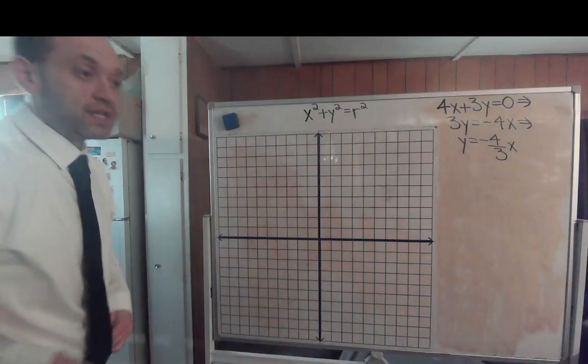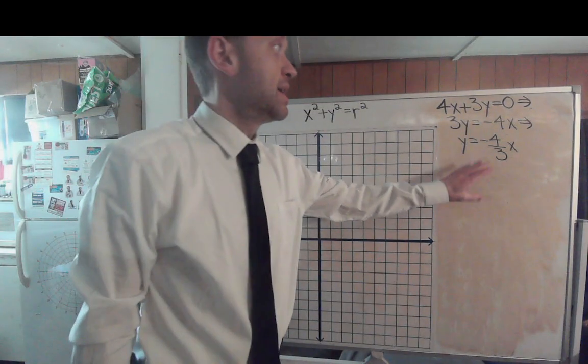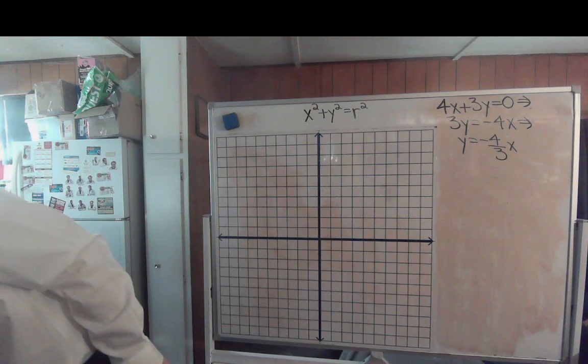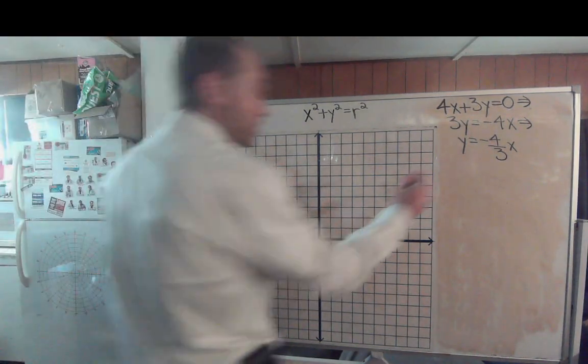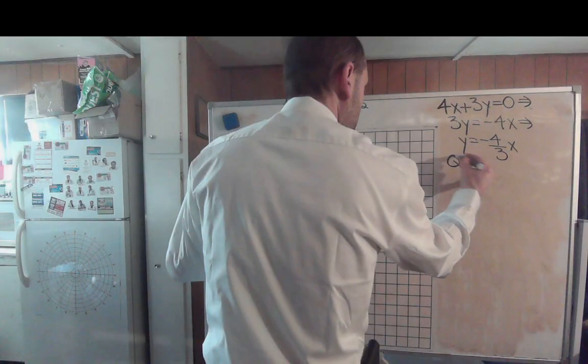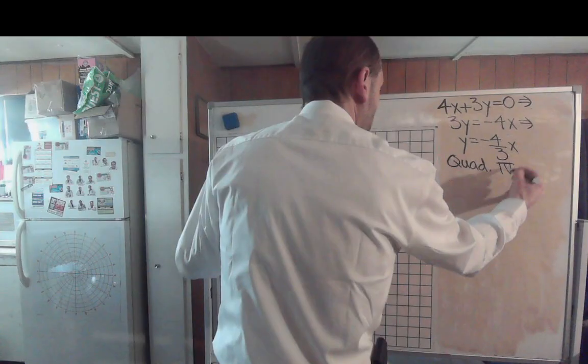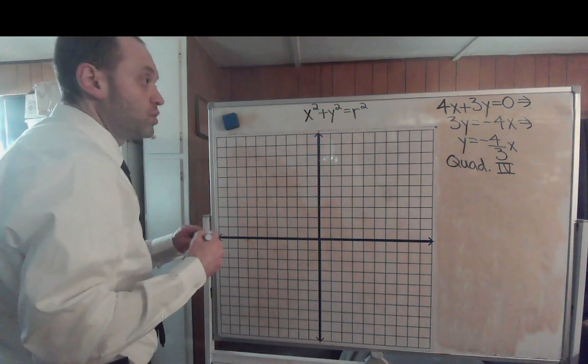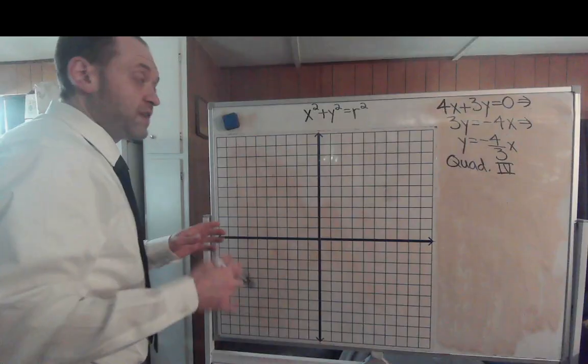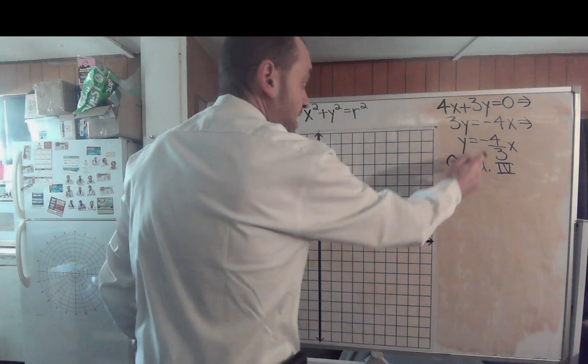So it's probably best that you solve for y and get an equation you can work with. And they tell you you're in quadrant 4 this time. So theta lies in quadrant 4 at this point. So let's find a point that lies on this line in quadrant 4.